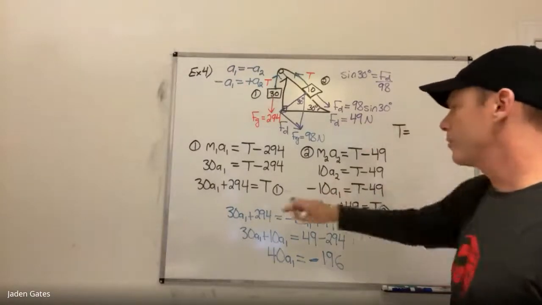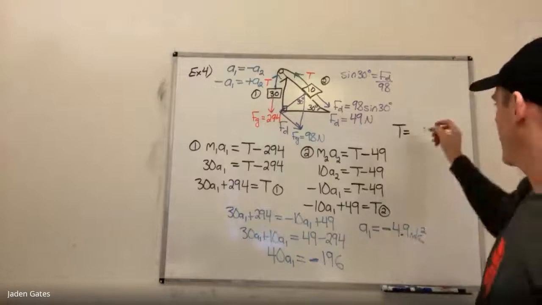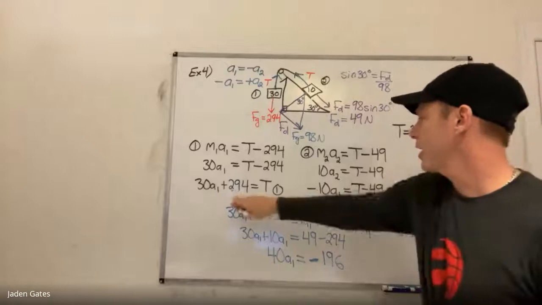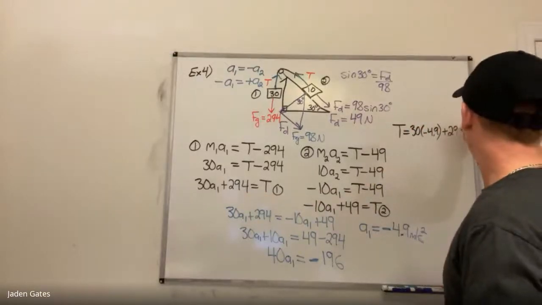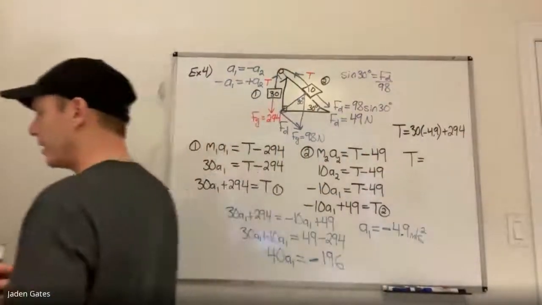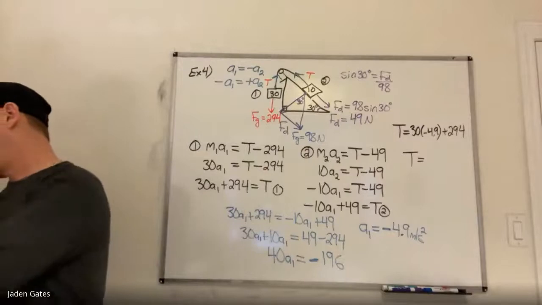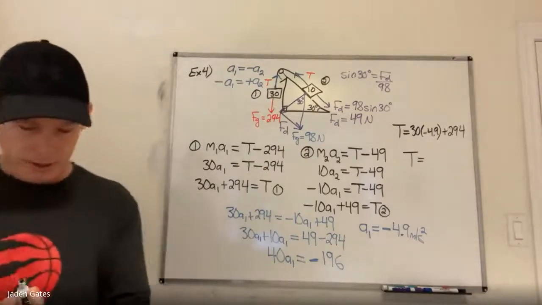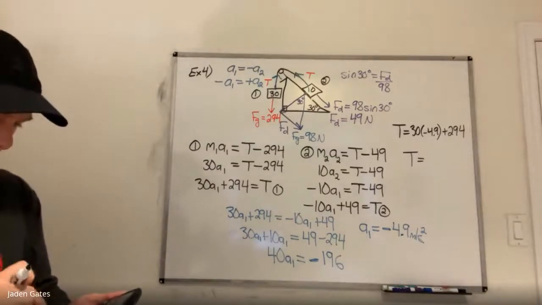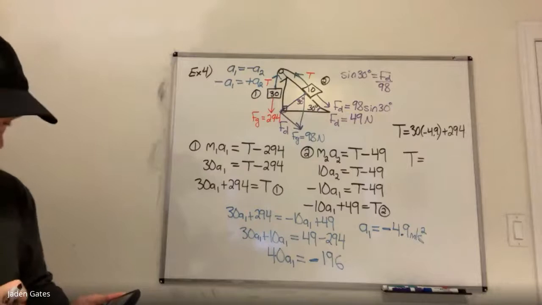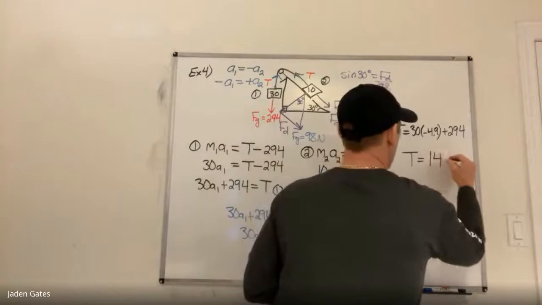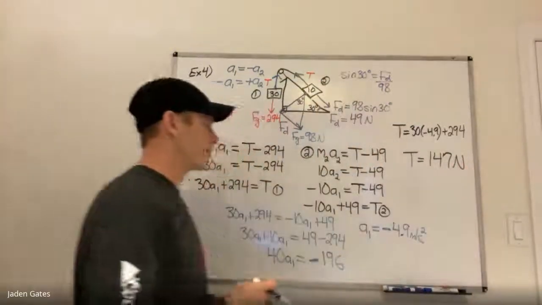T equals 30 times A1, which means 30 times negative 4.9, and then plus 294. I'm getting a nice round number here: 147 newtons.